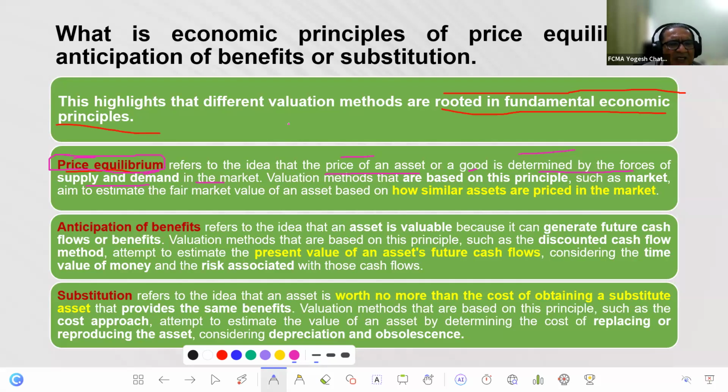That is the price of an asset or good being purely determined by the forces of supply and demand.